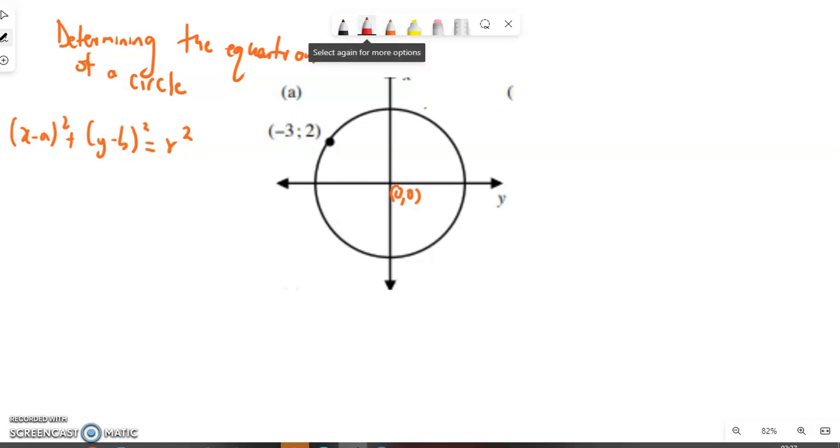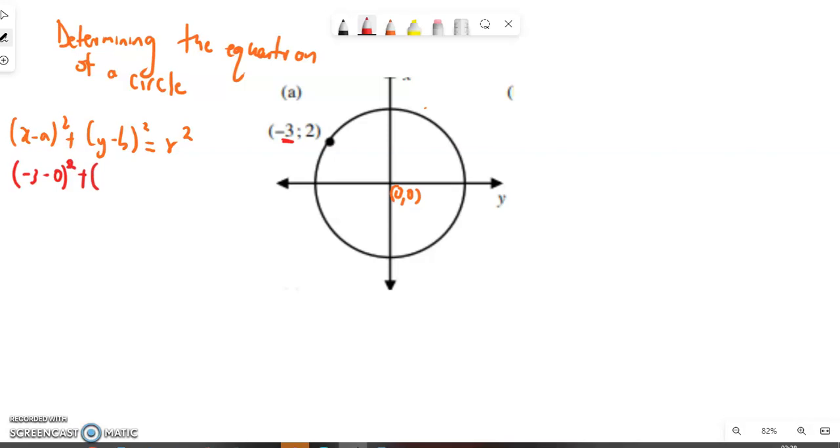So where we see x, we substitute -3. So it's (-3 minus 0) all squared, where 0 is the x value for the coordinates of the center.